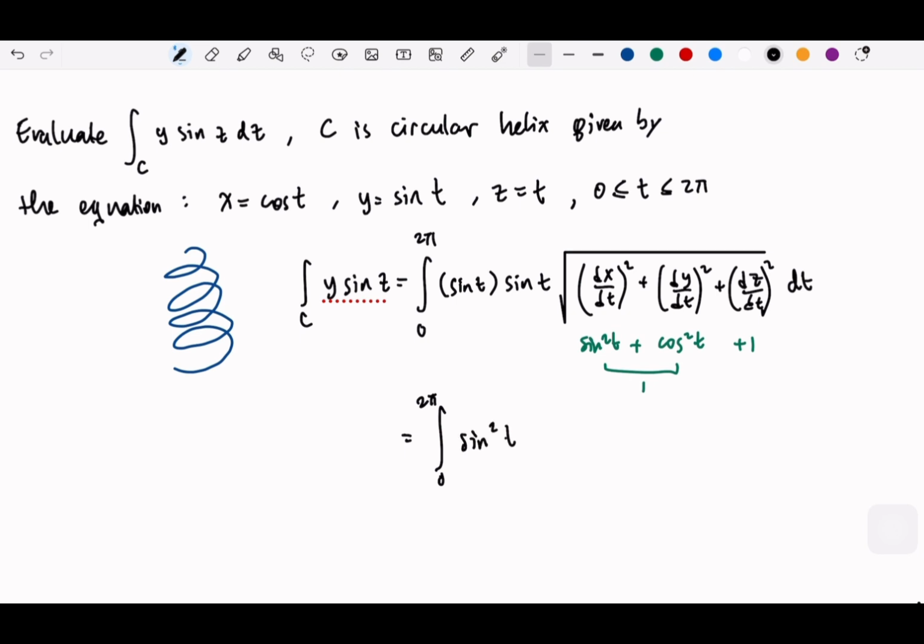So sine squared t times square root of 2 dt. You can use the double angle formula for this.